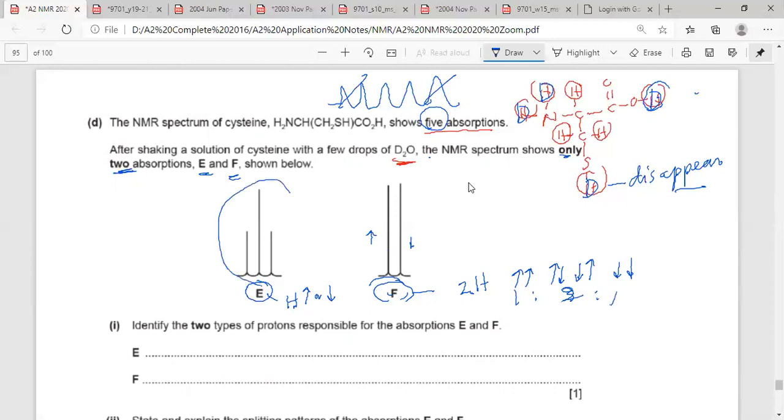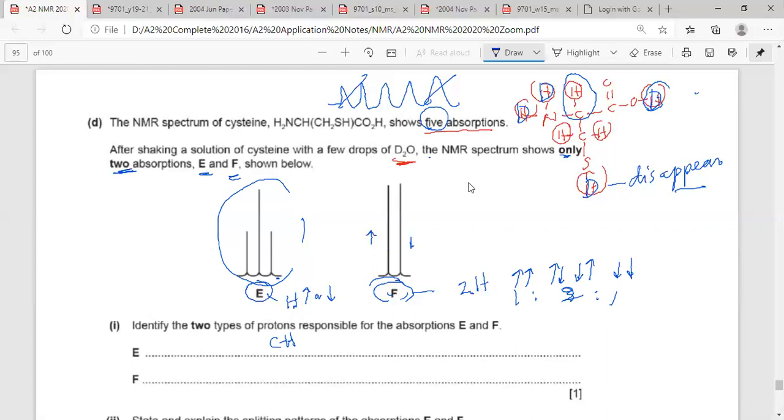See it? So it means E must be what? If it's 1 hydrogen here, E must be this one here, E must be CH. Right? F must be CH2, split by 3. That means it must be this one.